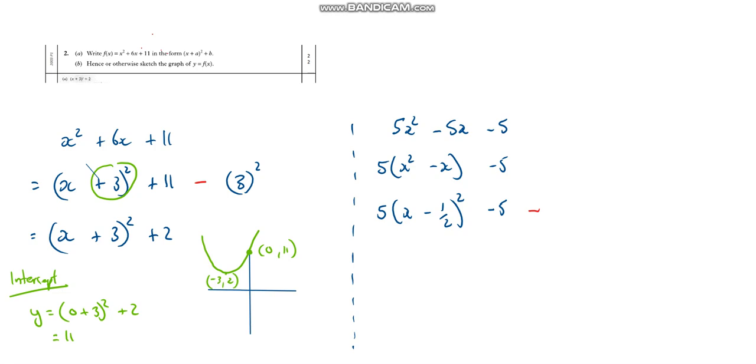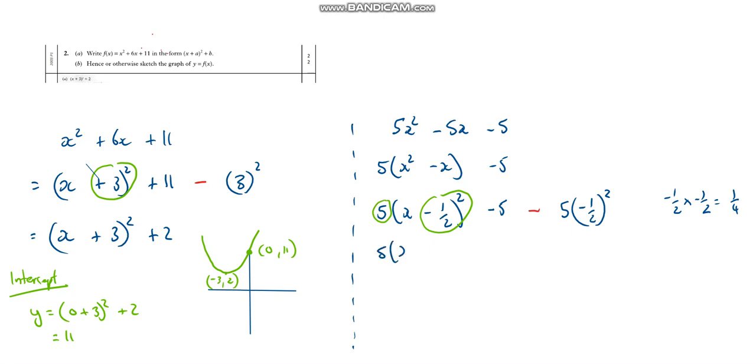So what are we going to take away this time? Well, I'm going to take away, again, negative a half squared times the 5. Just on the side here, negative a half times negative a half. We should know that's positive a quarter. Two negatives make a positive. 2 times 2 is 4.